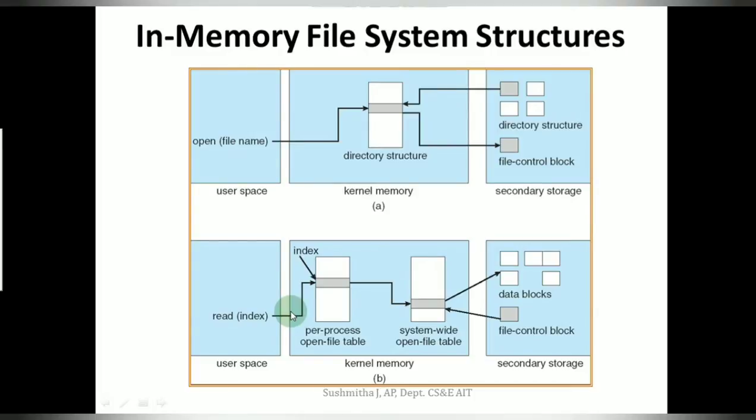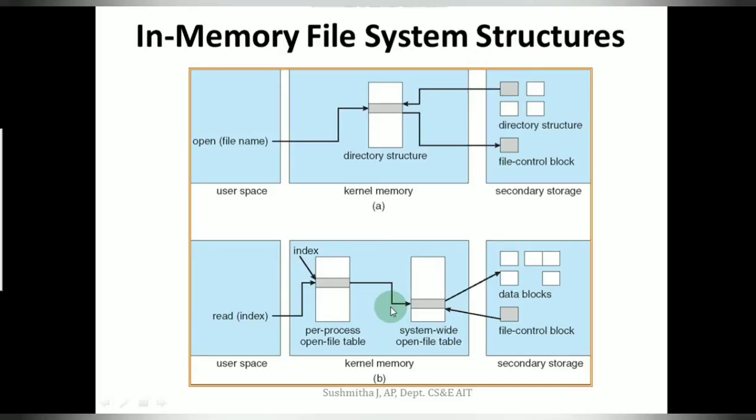If no process has opened it, then it is going to find the file control block of that file, and then copy that entry to the system-wide open file table, and then a pointer will be extended from the per process open file table to the system-wide open file table, and there will be a pointer or index pointing to that particular file.